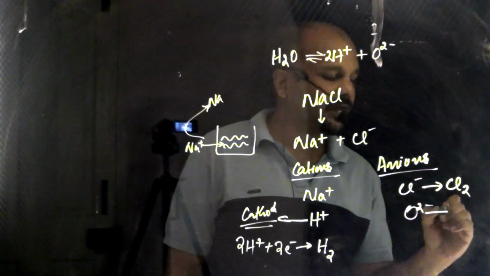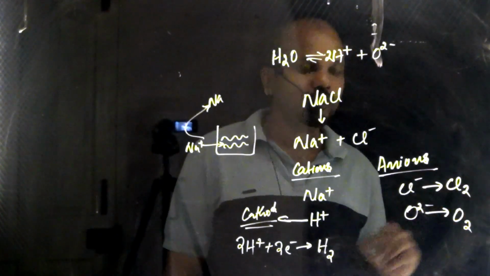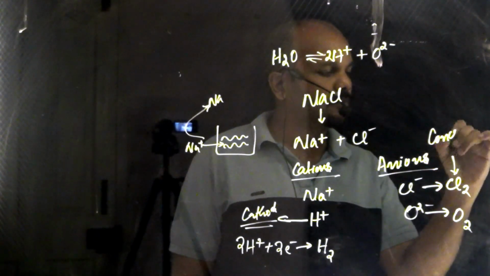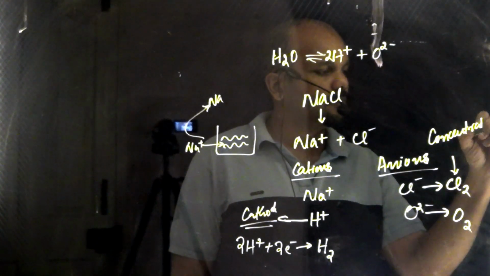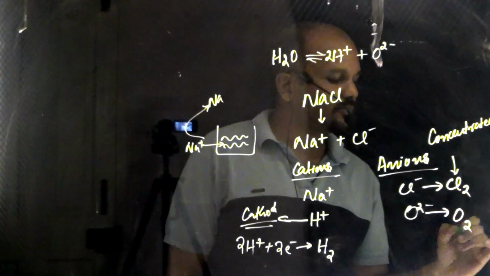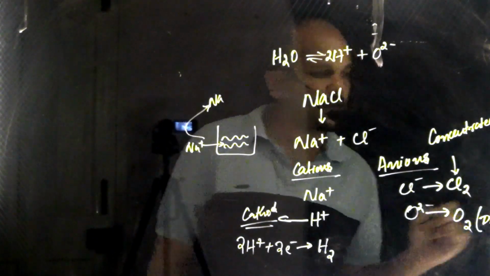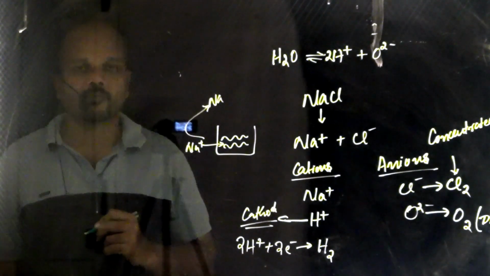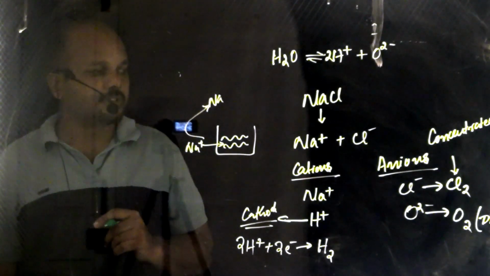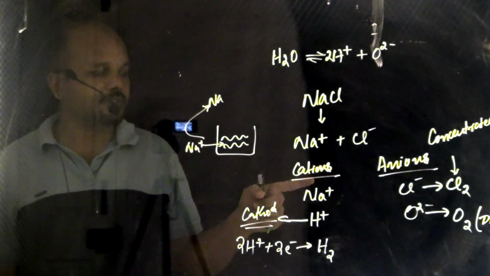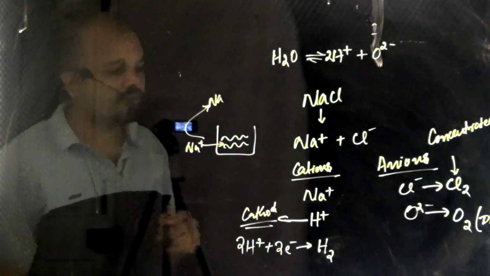If it is a dilute solution, then oxygen will be forming. So this is for a concentrated solution, and this is for a dilute solution. This is what you need to understand.